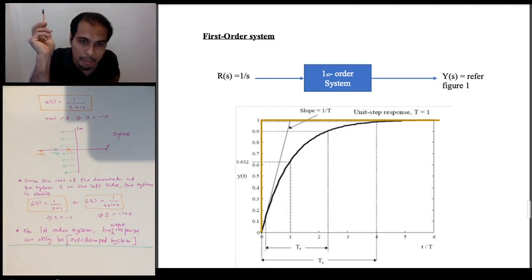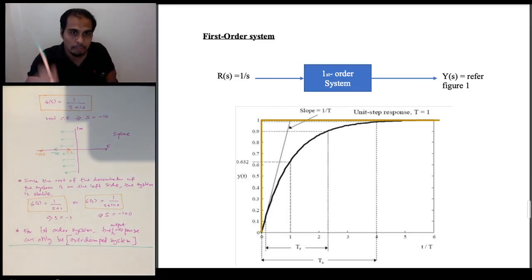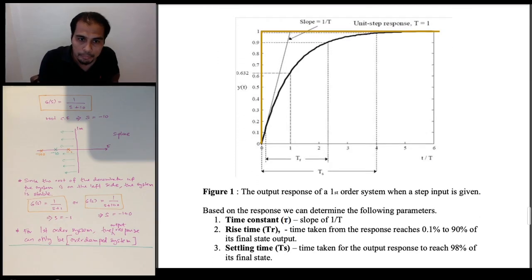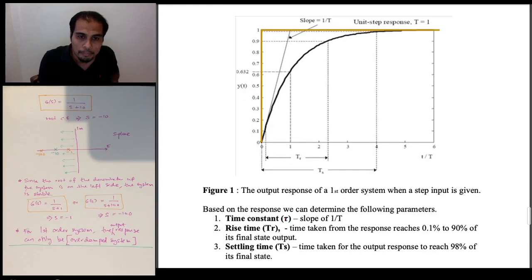So how many parameters are there? There are 3 parameters for the first order system. The first one is the time constant. Second is rise time. Rise time we measure as the time taken for the response to go from 10% to 90%, not 0.1%.